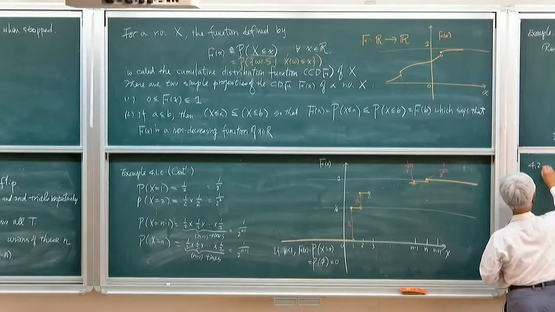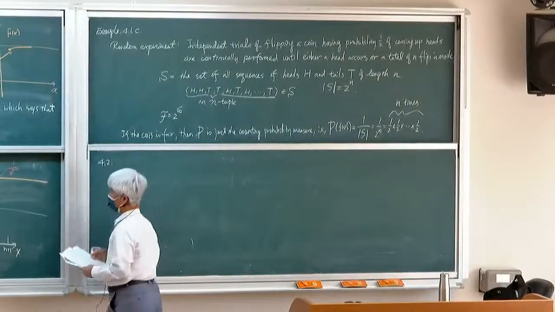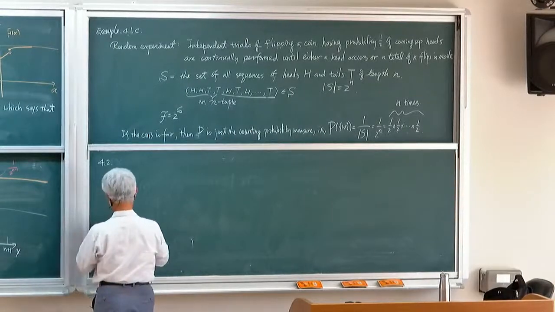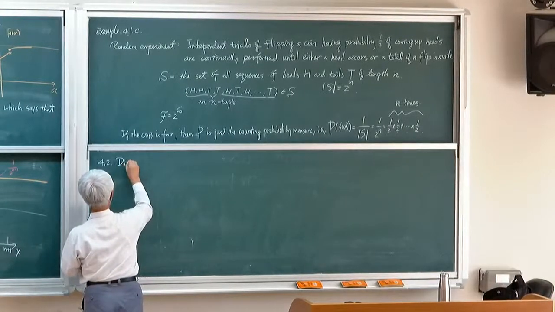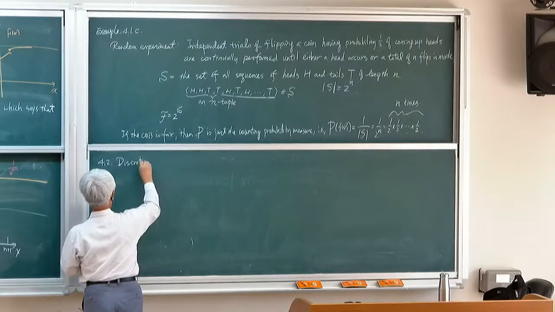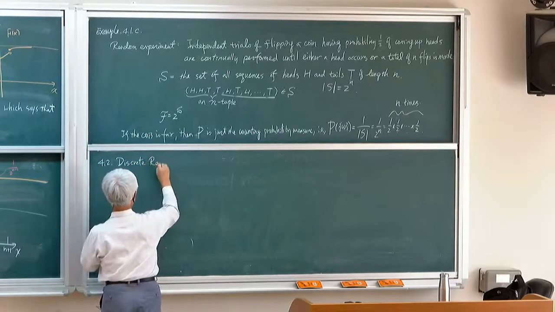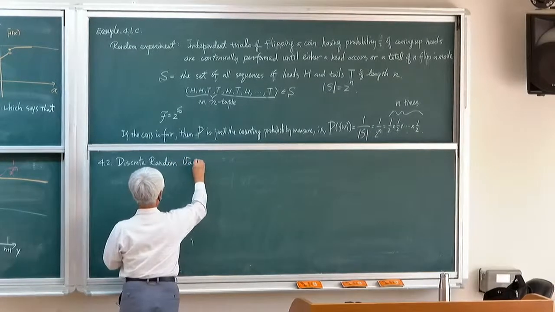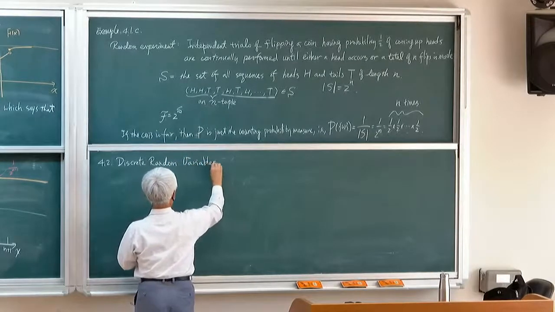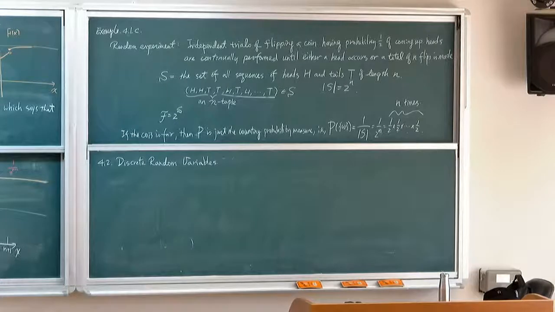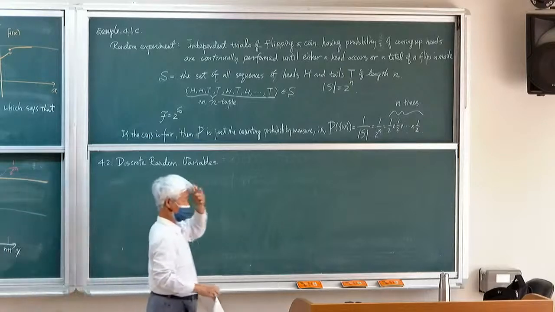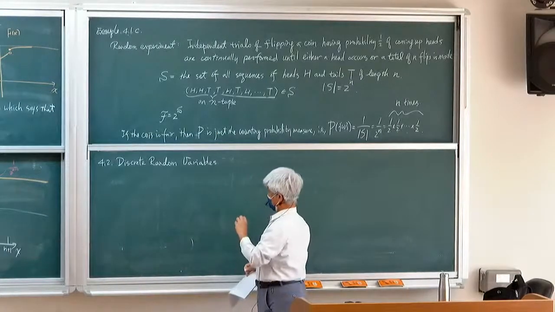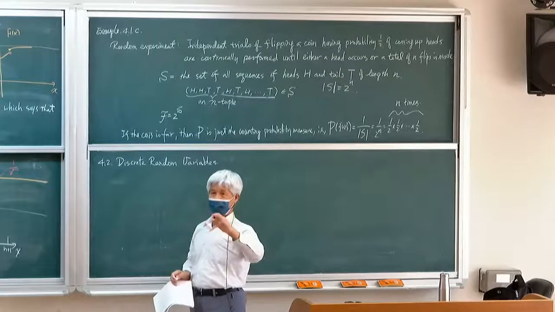Okay, so now we describe discrete random variables. The first two examples, I mean, the previous two examples, can have countably many values.